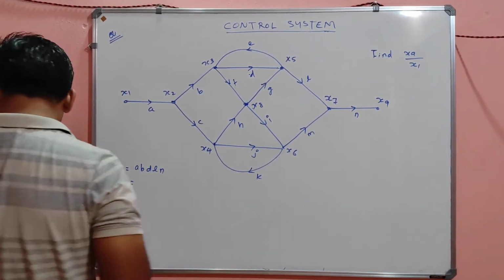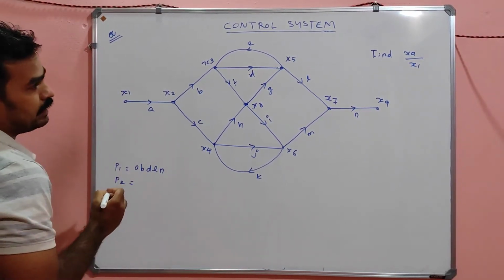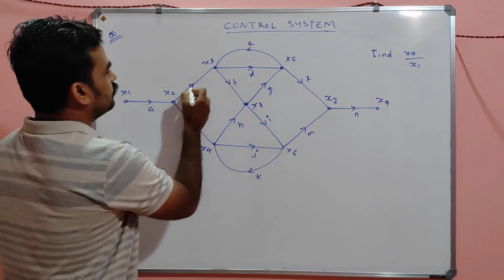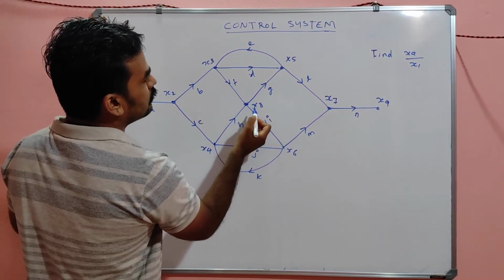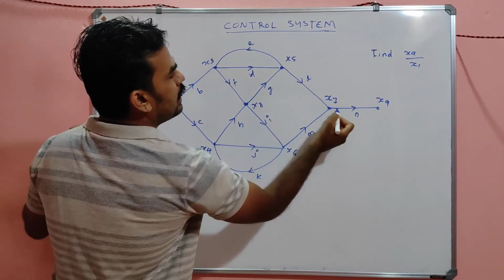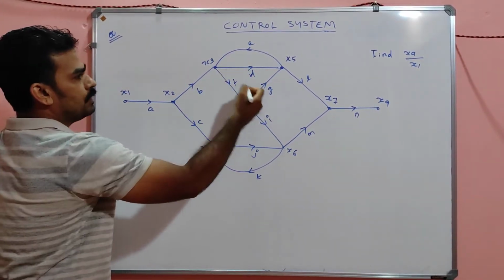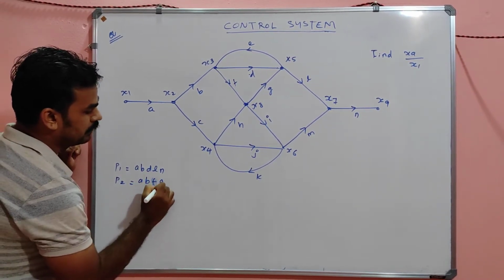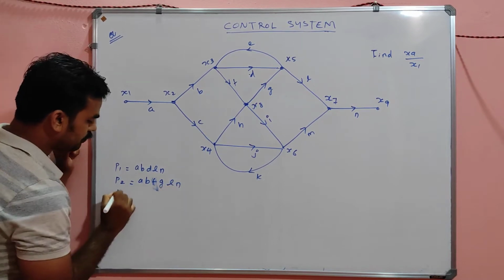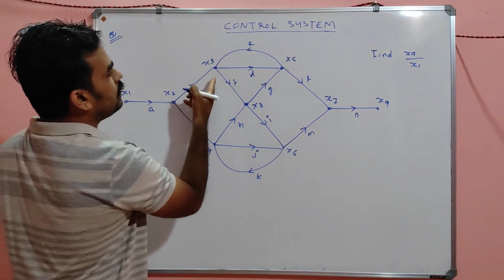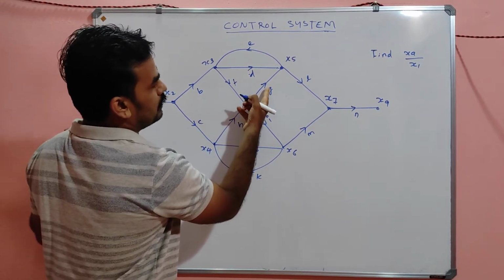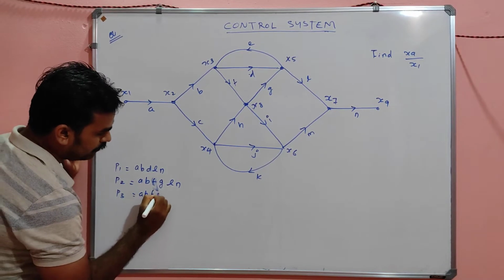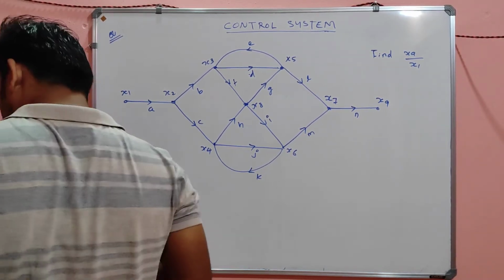So P2 is equal to ABFGLN. And what is P3? ABFG already covered, ABFIMN. Am I correct, my dears? ABFIMN.